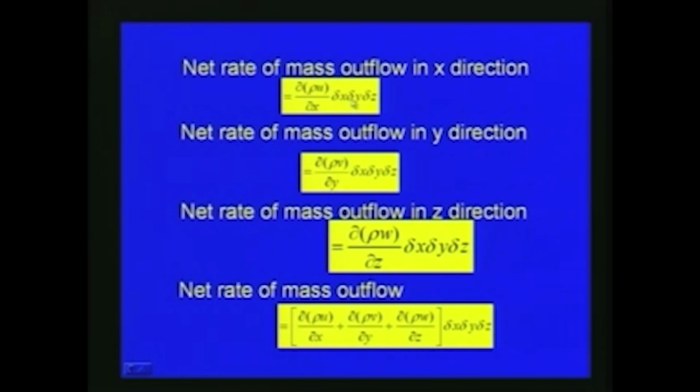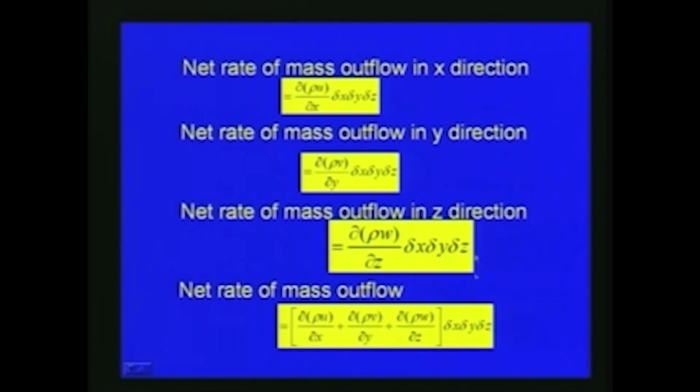The net rate of mass flow in the y direction can be written as del rho v by del y into delta x, delta y, delta z, and similarly in the z direction, with the velocity component w, del rho w by del z into delta x, delta y, delta z.